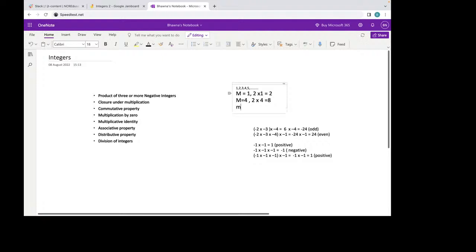Let's say m is equal 6. Let's say m is equal 5. Let's take an odd number. Now 2 times 5 is equal 10. So you can see all of them are even numbers. All of these 2m are even numbers.